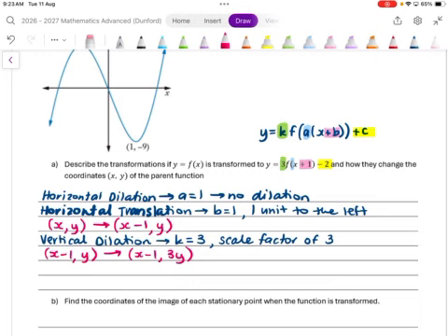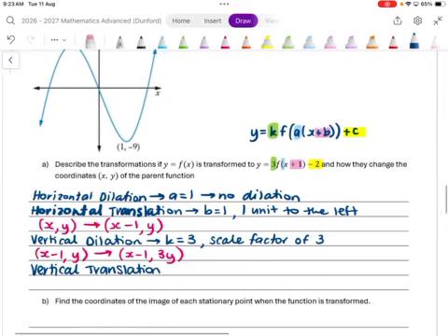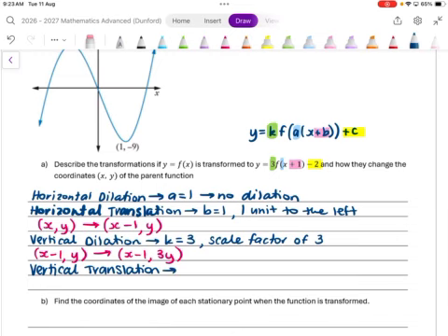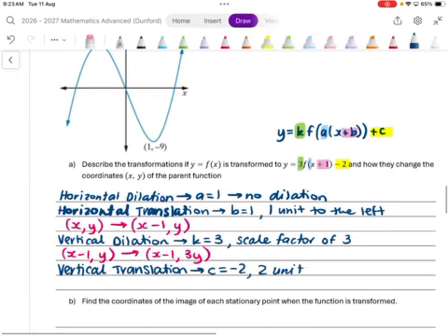And then lastly, we have a vertical translation. And with our vertical translation, it's a c equals negative 2. So that means that we are moving it 2 units down. So we start with the coordinate that we ended with.